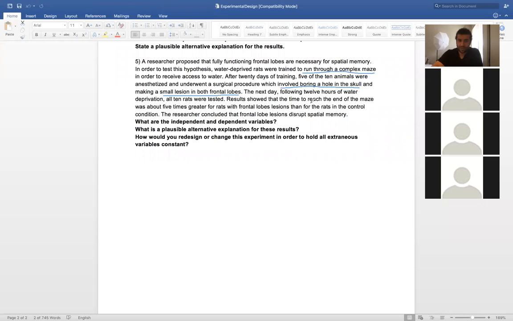Results showed that the time to reach the end of the maze was about 5 times greater for rats with frontal lobe lesions. So the time to reach the end of the maze is going to be our dependent variable, right? And the lesions, whether it's small or big, are going to be our independent variable.